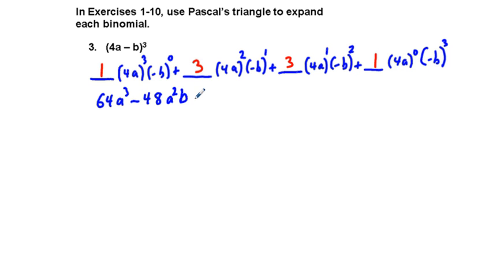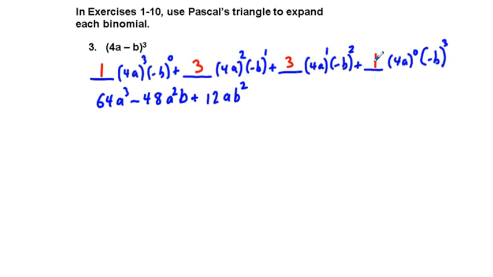Next, we're going to take this, again, I'm not going to put the sign in there yet till we have it figured out. We have 4 to the first power times 3, which is going to be 12. And it's going to be 12a. And then we have this negative to the squared, which is going to take away the negative sign. So we're going to have b squared, and we're going to have plus.